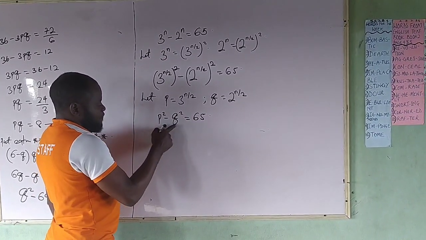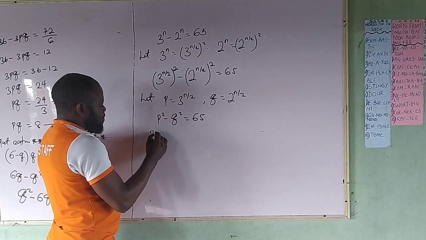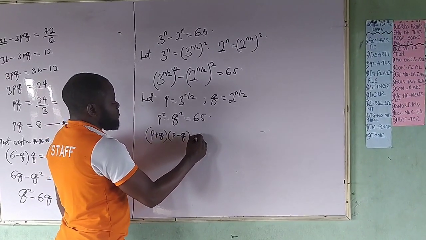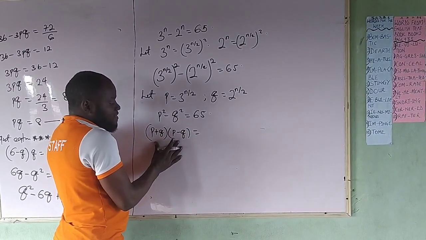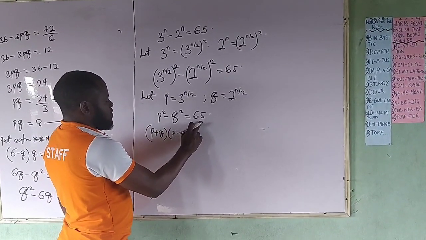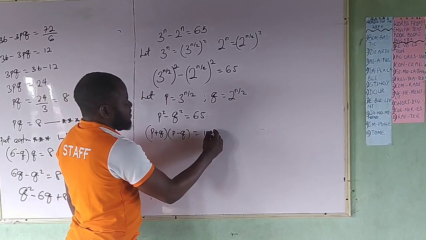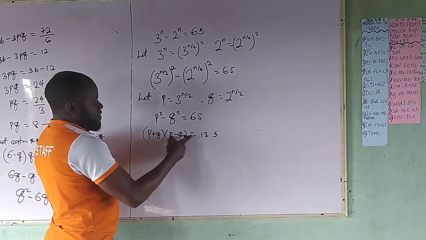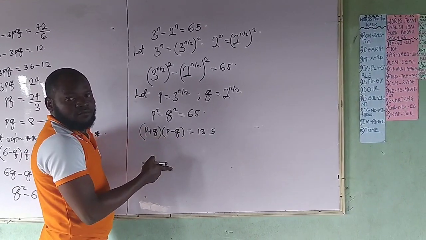So this will be a difference of two squares now. So (p plus q)(p minus q) equals 65. Here is a product. Can we express 65 as a product also? Yes. 65 can be written as 13 multiplied by 5. So p plus q is 13 and p minus q is 5.